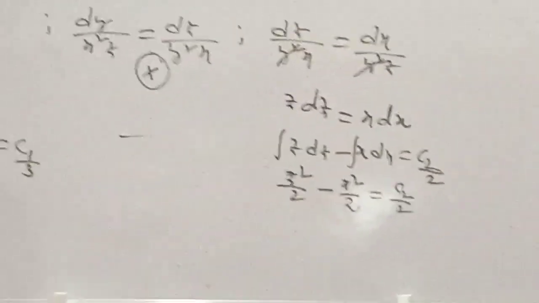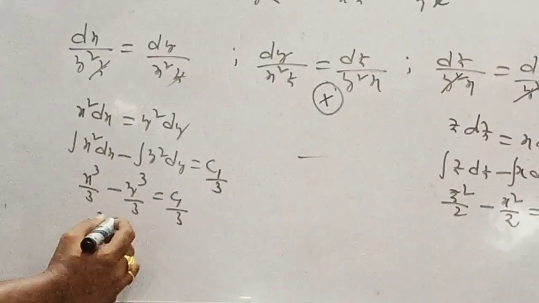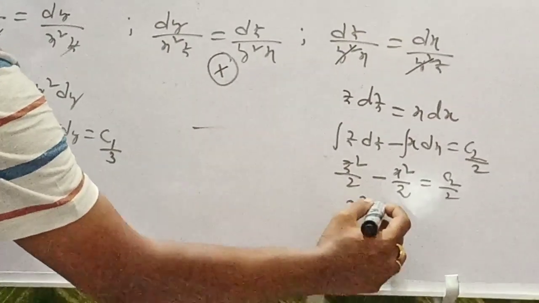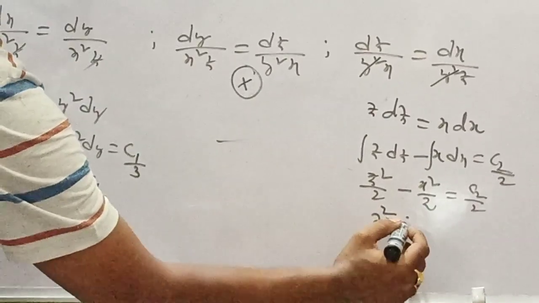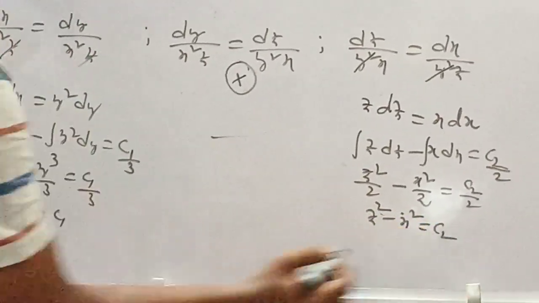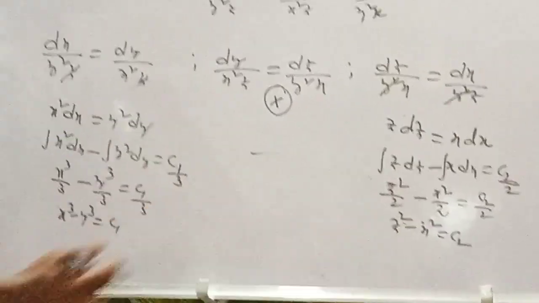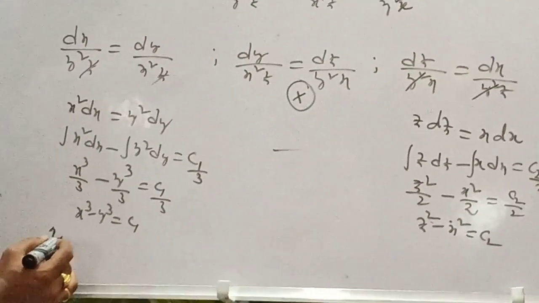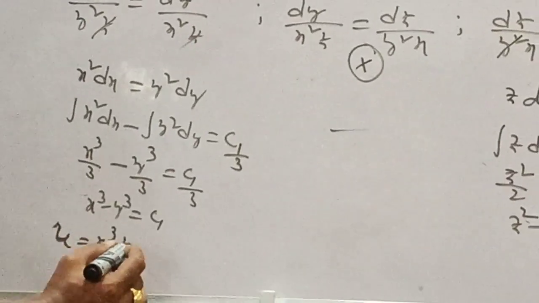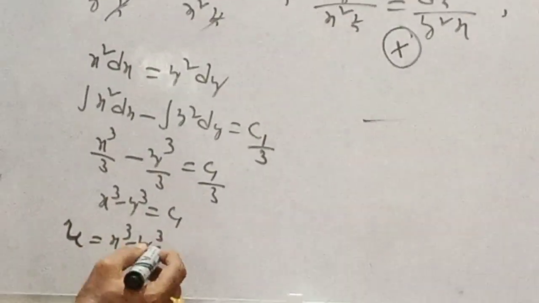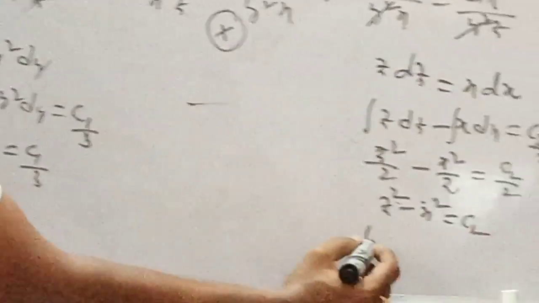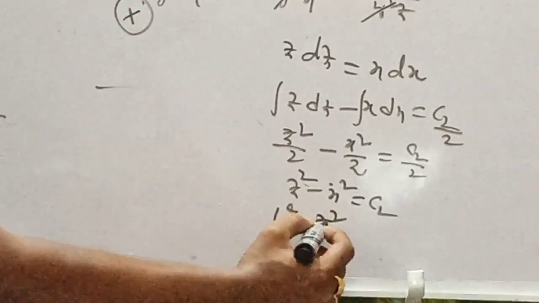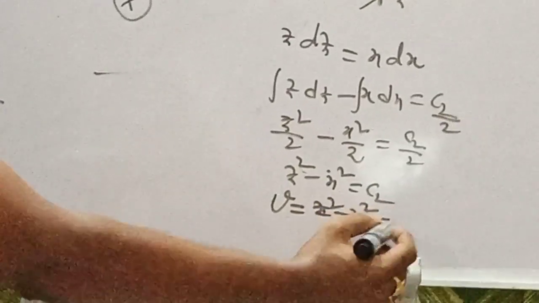So we have x cube minus y cube equal to c1, and z square minus x square equal to c2. This is one solution and this is the second solution. Say u equal to x cube minus y cube equal to c1, and v equal to z square minus x square equal to c2.